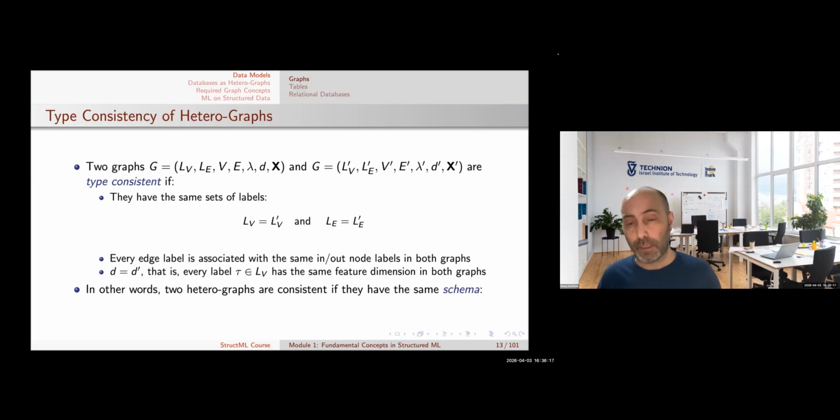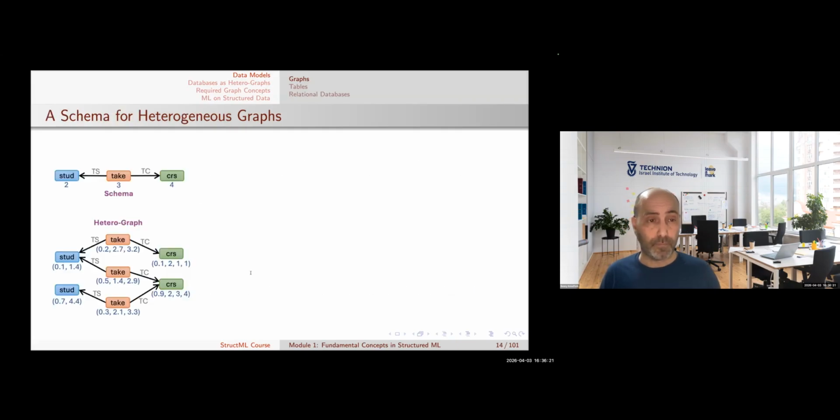How do we define a schema for a heterograph? Very simply, you can see the example here. We have the take, the course, and the student, and we have edges labeled with TC and TS, and the dimensions of the corresponding nodes are mentioned here: 2, 3, and 4. So this is a schema, and this is a heterograph that corresponds to the schema.